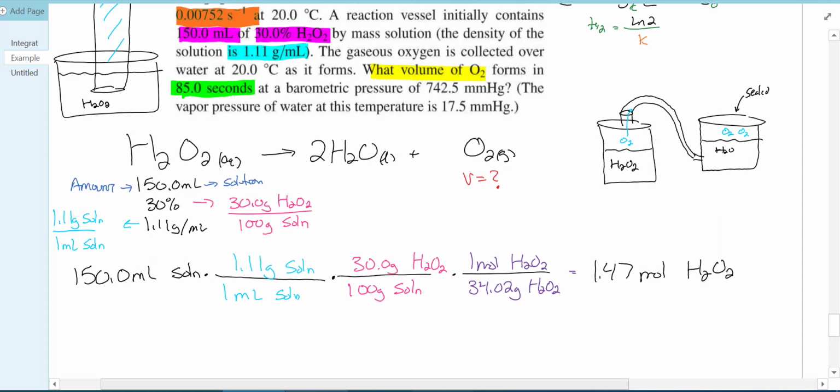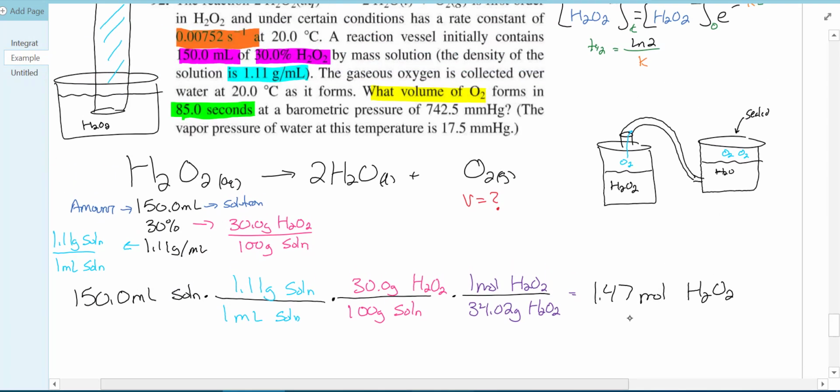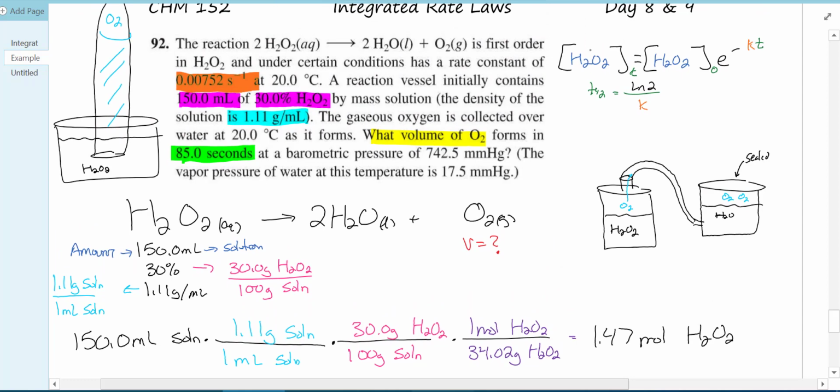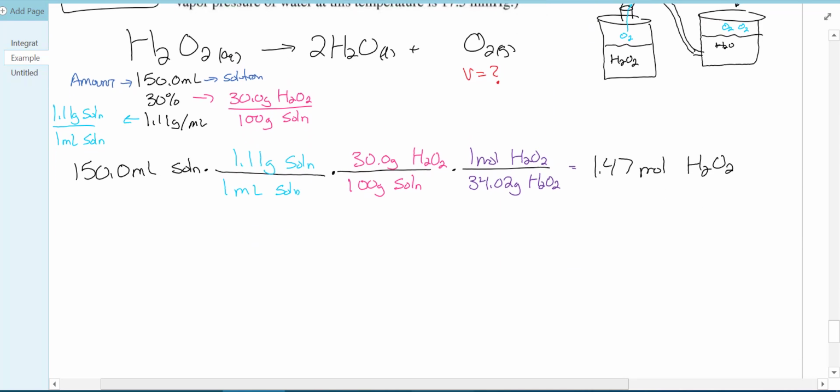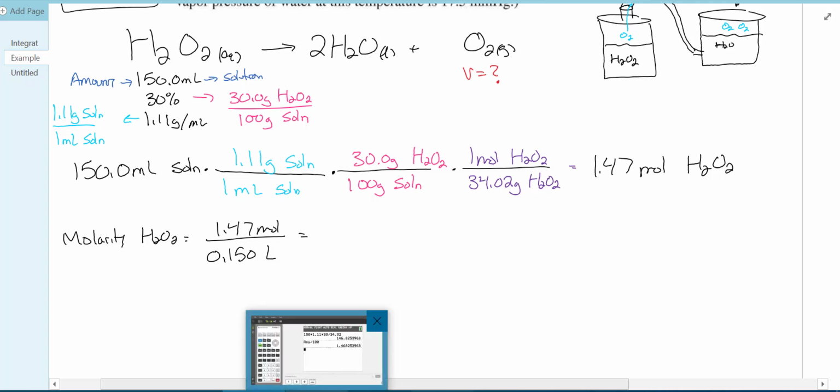Going back to this, my molarity, because up here this is concentration. So the molarity of H2O2 is the 1.47 moles divided by 0.150 liters. This is where I get lazy.